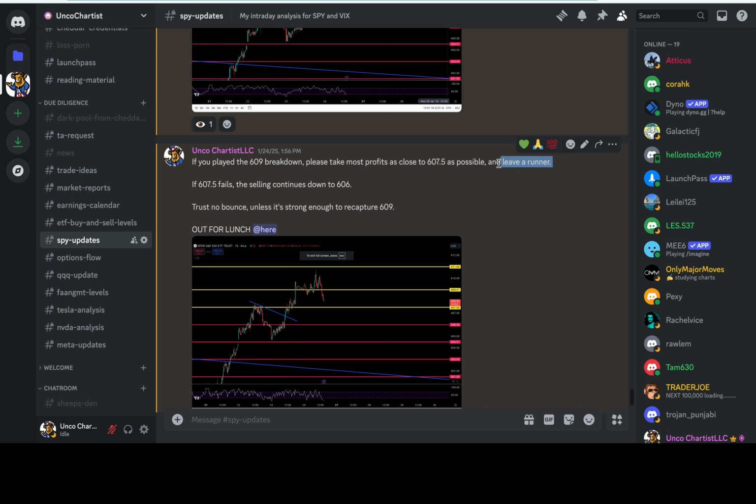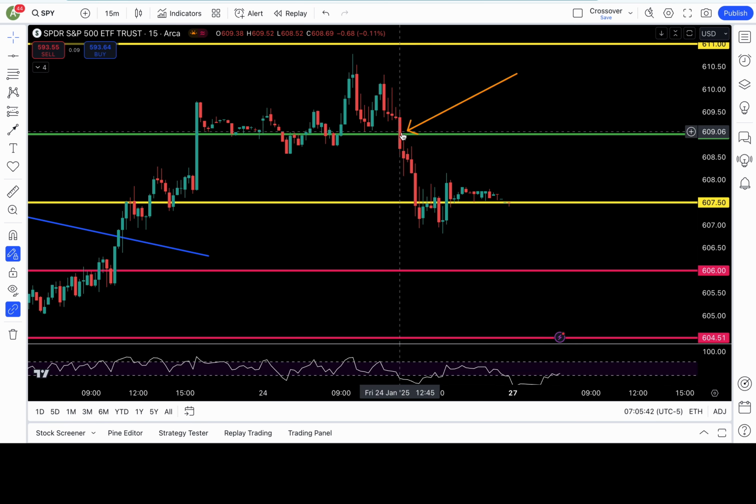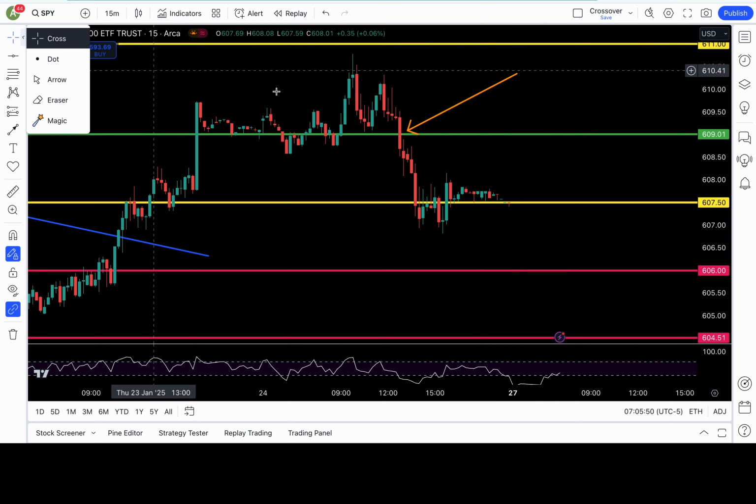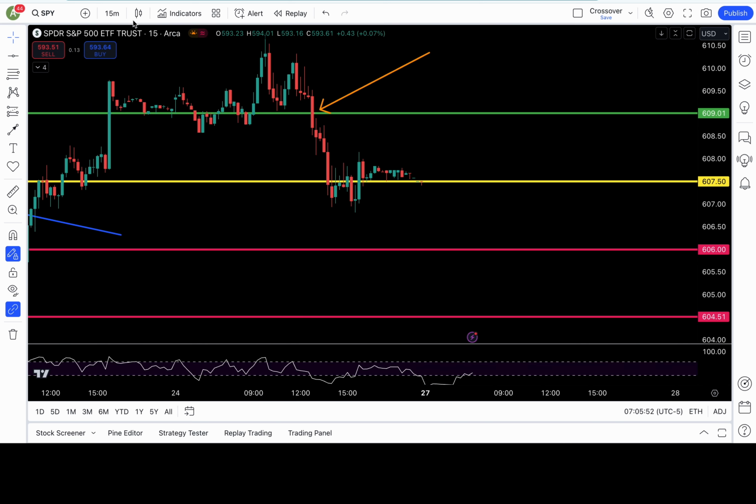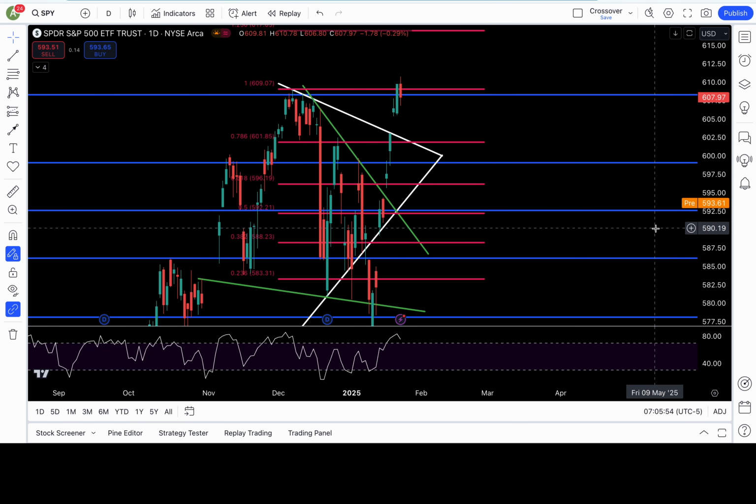This is so important, that leave a runner part, because if you look at the 15-minute chart, you can see that we broke down 609. It smashed the 607.5 level, which was good for a level-to-level move. And if you would have left runners, you would have taken risk off the table. But this gap down all the way down to 593.6 right now, oh my goodness, your runners would be up a lot in the green right now.